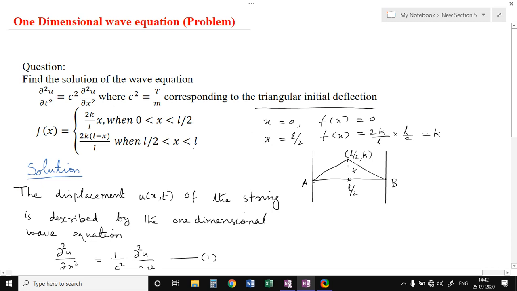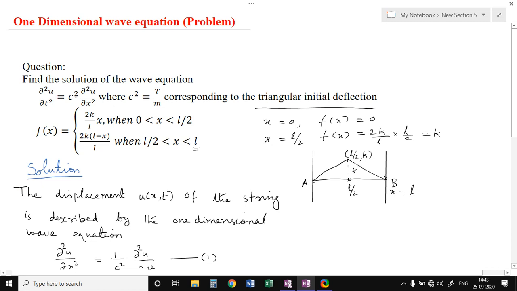Then consider the point L. When x is equal to L, we get 0. So this is the straight line which represents the function 2k(L minus x)/L. This is the graph of the triangular initial deflection given by this function.